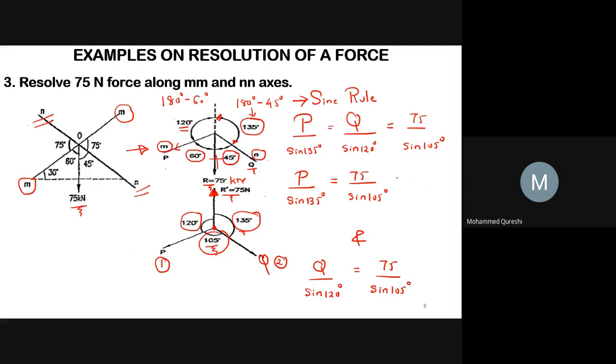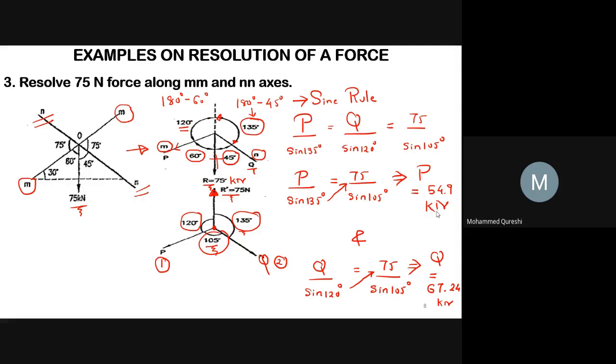After solving, P equals sine 135 into 75 divided by sine 105, so you will get the value of P as 54.9 kilonewton, and the value of Q as sine 120 into 75 upon sine 105, so your Q will be 67.24 kilonewton.